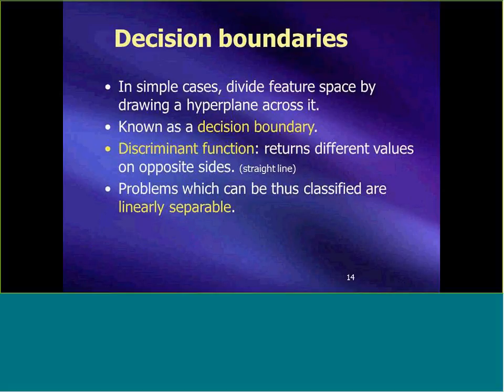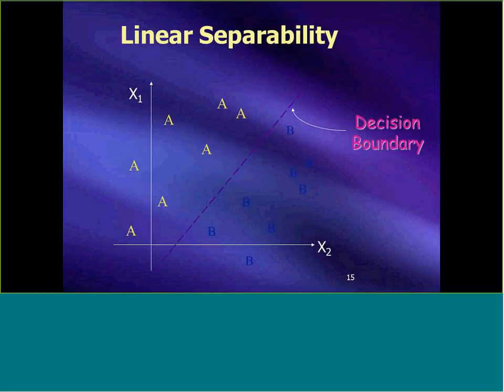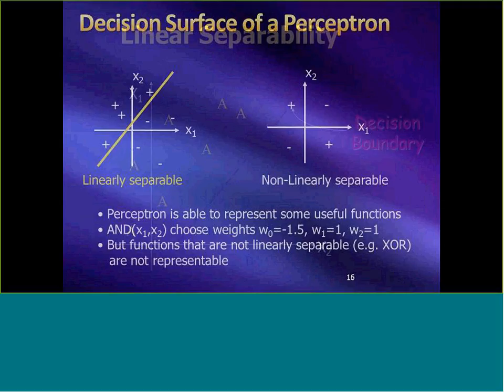I want to point out something about the way we classify: we have something named a decision boundary, and it can be linear. If two classes are linearly separable, you see the graphic is very simple, and you can imagine that there shouldn't be a big deal for a classifier doing this.